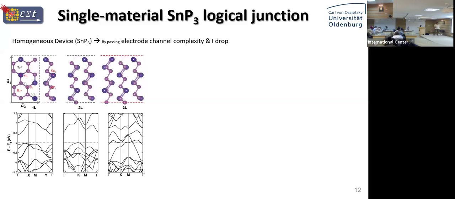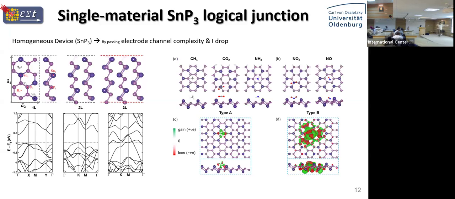Essentially, we calculate the absorption strength of each molecule on these different positions. What you see here on the top are all those molecules, the names are on the top, where they prefer to sit on our substrate and what their interlayer distance would be. Based on their absorption strength, we simplified it into two groups: type A, which binds weakly to the substrate, and type B, which strongly binds to the surface.